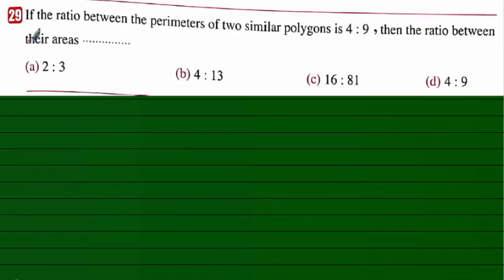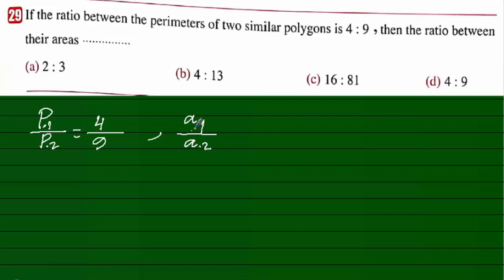Question number 29. If the ratio between the perimeters of two similar polygons is 4 to 9, so we write P1 over P2 equals 4 to 9. Then the ratio between their areas equals one of these ratios. So the required is to find A1 over A2, the ratio between the first area A1 to second area A2.